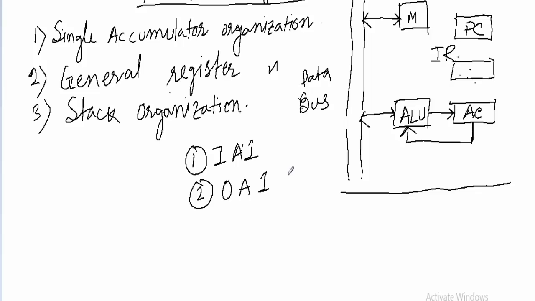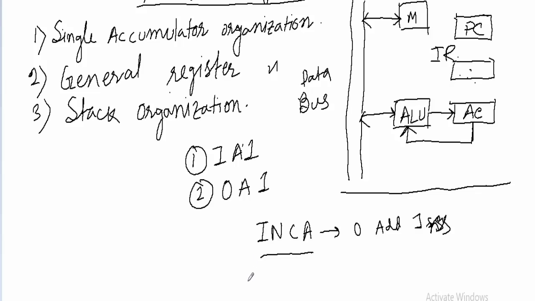A zero address instruction would be like increment accumulator. It means increment the accumulator by 1.